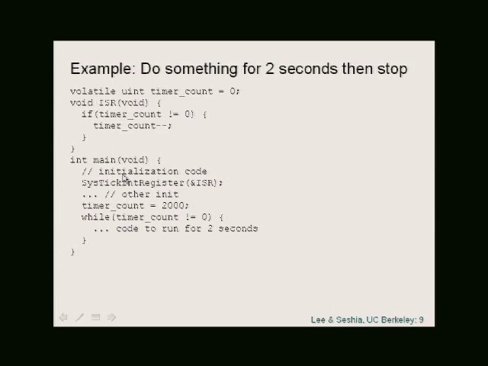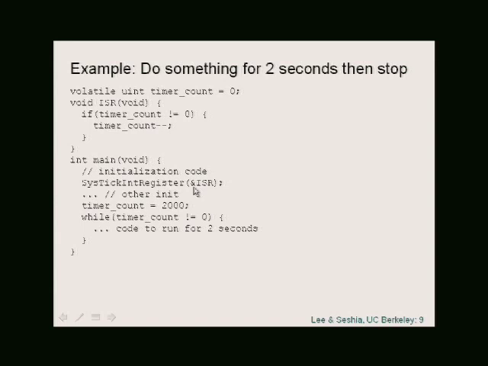Does anybody know what that means? The address of the function ISR. This ampersand ISR is a function pointer. It's a pointer to where ISR starts, the address. So you get the address of the ISR routine, and you register that as the ISR for the SysTick interrupt.